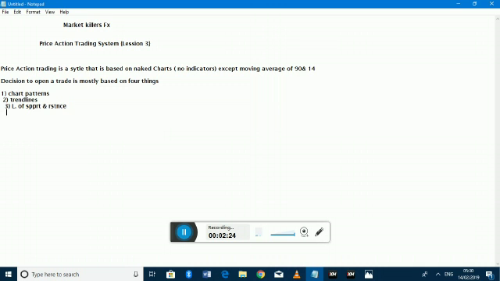Great. But before we start with price action trading, you need to know how to locate HOD, which is high of the day, and LOD.